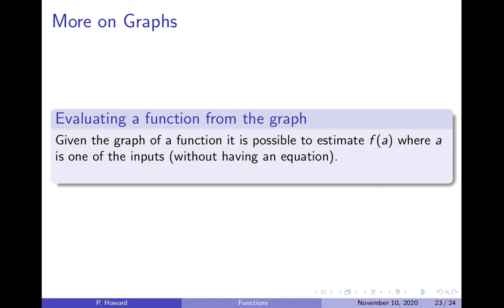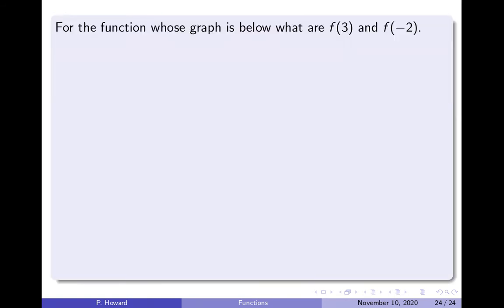This is a fairly easy process also if you remember how a graph represents a function. So let's try this problem. I have the graph of a function, and for this function, whose graph will be shown in just a second, I want to find f of 3 and f of minus 2.